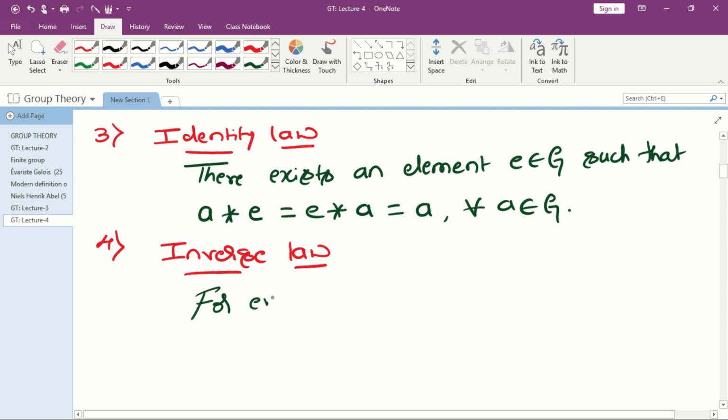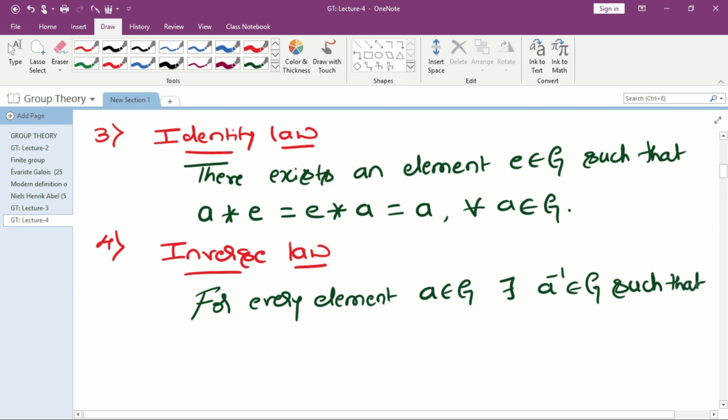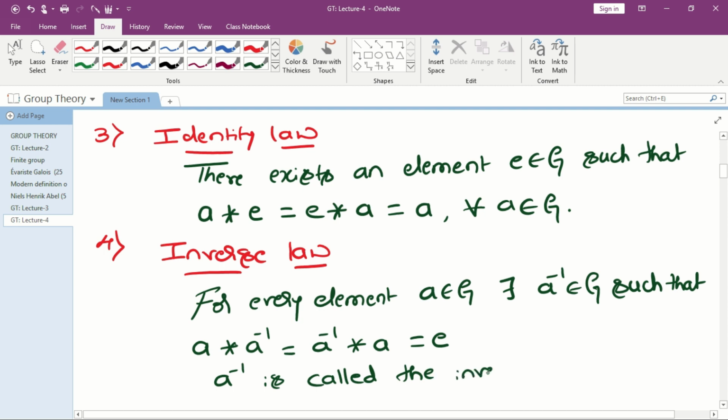For every element A belongs to G, there exists A inverse belongs to G such that A star A inverse is equal to A inverse star A, which is equal to E. Here A inverse is called the inverse of A and vice versa.